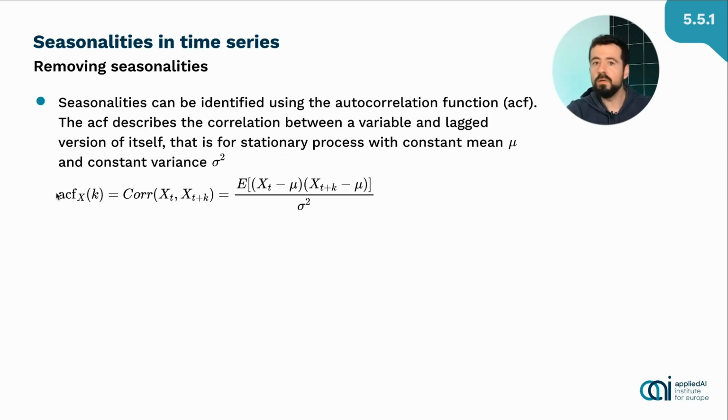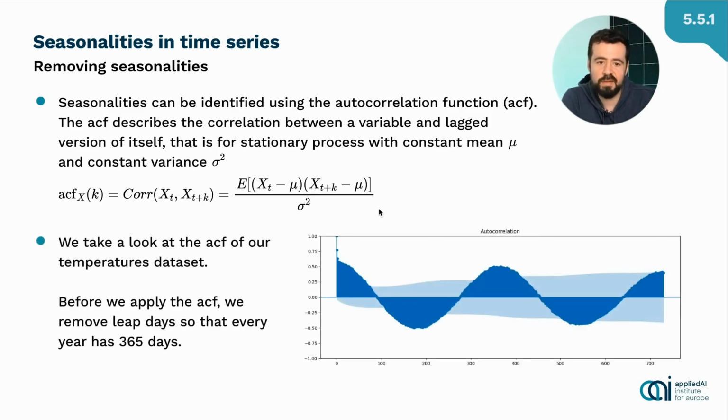So the autocorrelation function only makes sense if we have a stationary time series. And here, if we have one with mean mu and variance sigma squared, then the autocorrelation can be computed by the following formula.